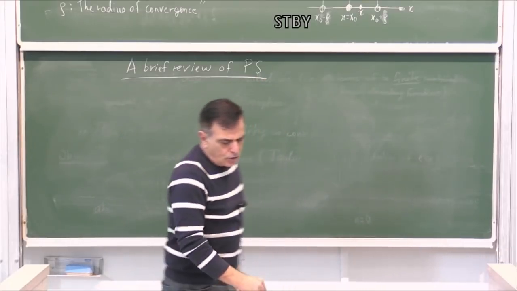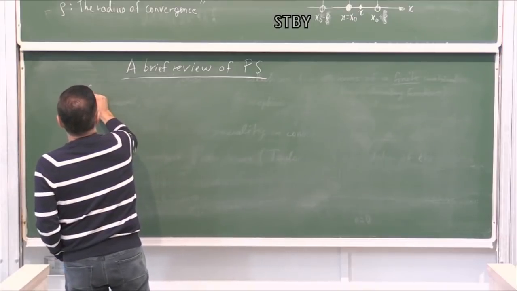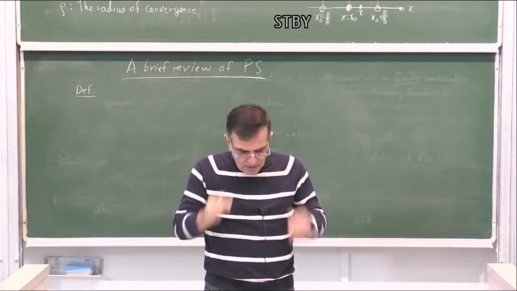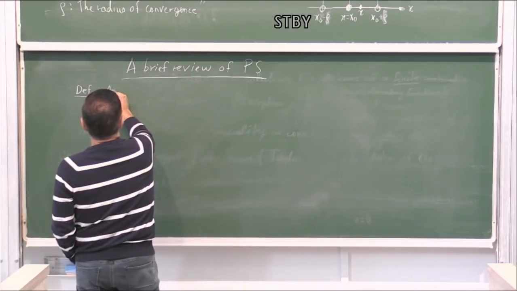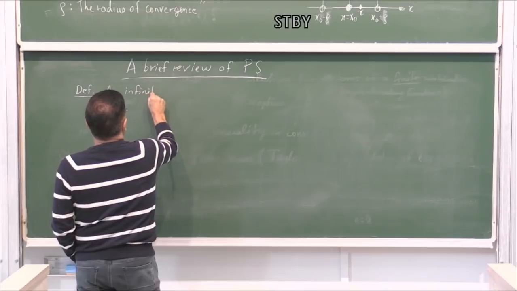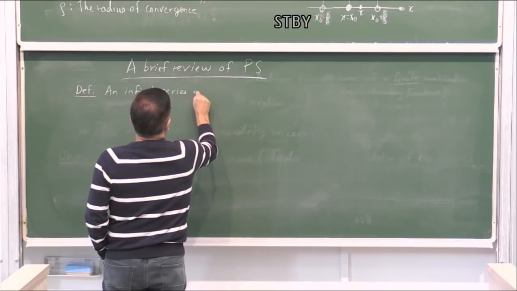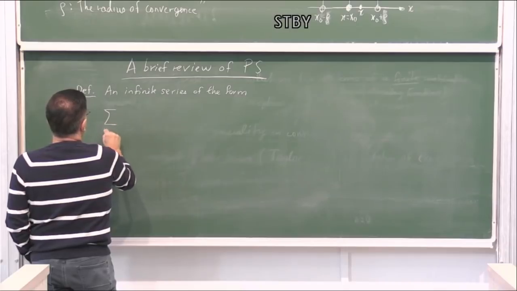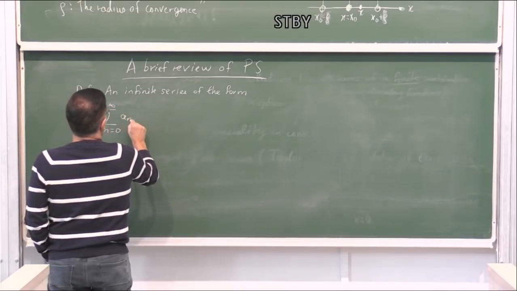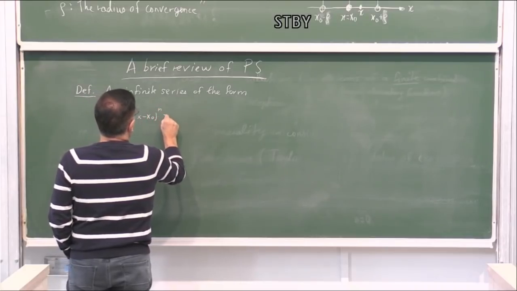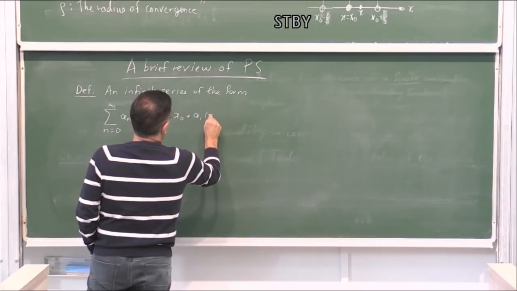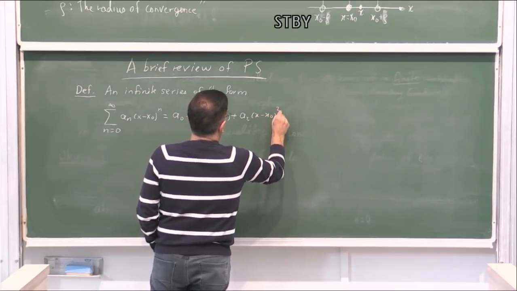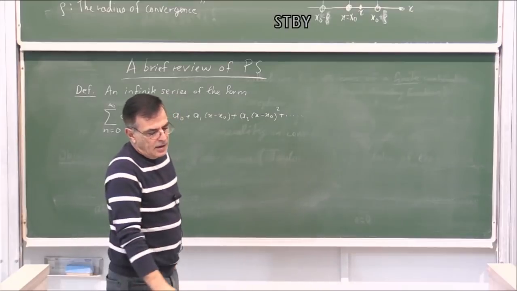Okay? So, definition. Here is a definition. We say that, as you remember, an infinite series of the form a_n times (x minus x0) to the power n, explicitly written a0, a1 (x minus x0), a2 (x minus x0) squared, and so on, is called a power series.